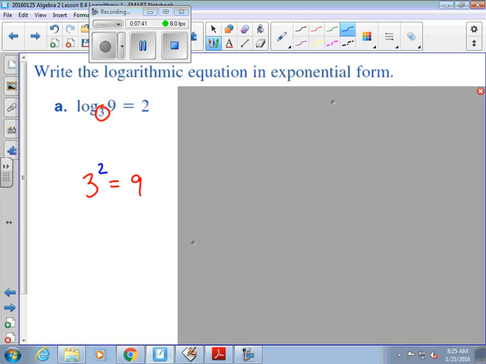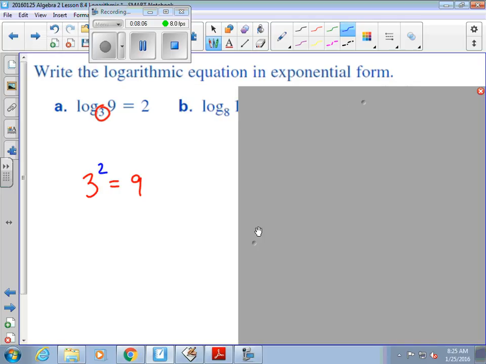You can easily see that 3 squared is equal to 9. All we're doing is we're going backwards with stuff that you already know how to do. We're trying to logically learn it in reverse. That's what logarithms are for, in the way we're going to use them. 3 to the second power. So 3 raised to the power after the equal sign is equal to what's after the base.